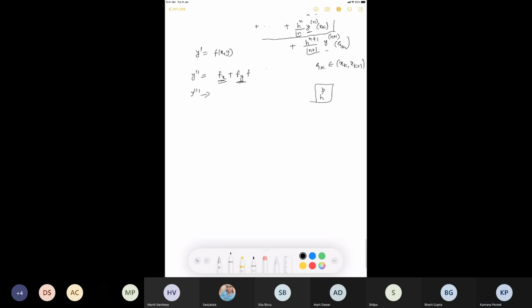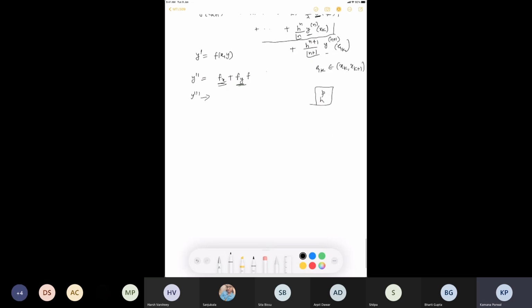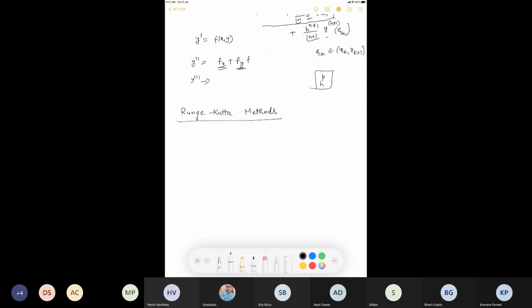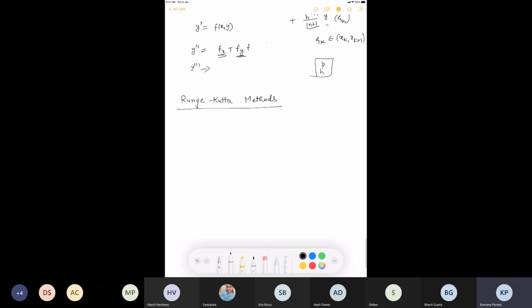Let's see how we do that. This class of methods is called the Runge-Kutta methods. You are going to see that it is not just one method, it is a class of methods that we are going to get.